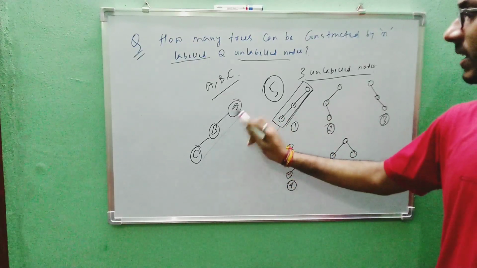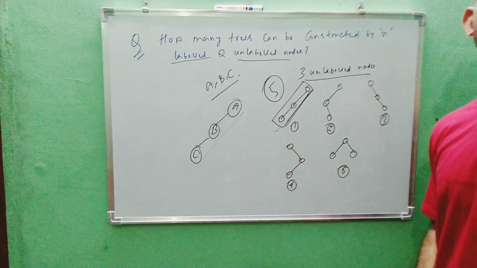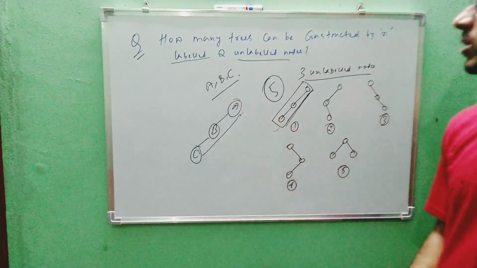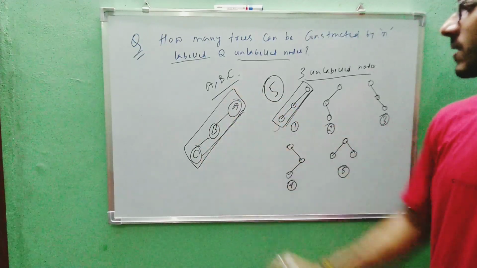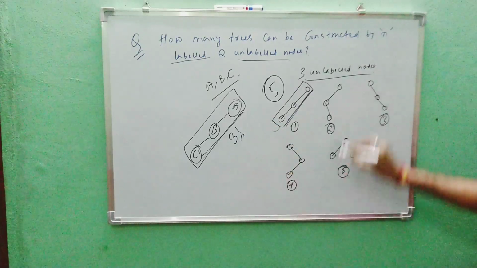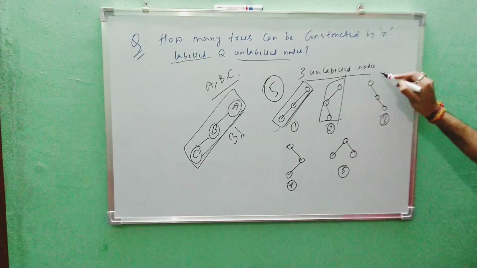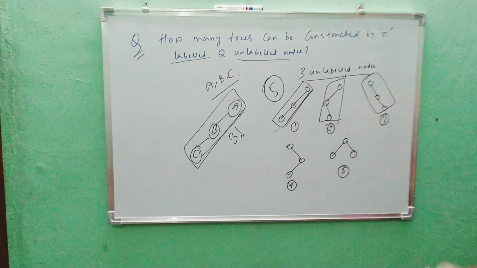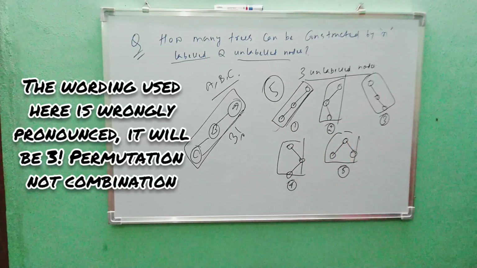No. B can come in this place, C can come. So in this way, different permutations are possible. How many permutations are possible? If we consider only this tree construction with these 3 labels, 3 factorial combinations are possible. Similarly, for this tree, 3 factorial combinations. For this tree, 3 factorial. For this tree, 3 factorial. For this tree, 3 factorial.